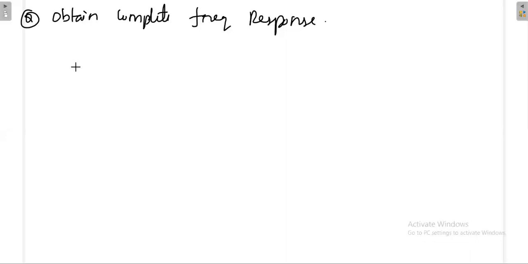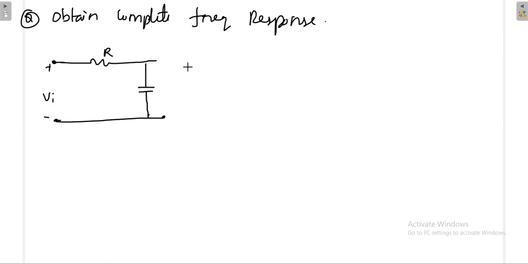Obtain the complete frequency response for a circuit with one resistor and a capacitor, input plus Vi, and the output across C. This is a simple RC network.